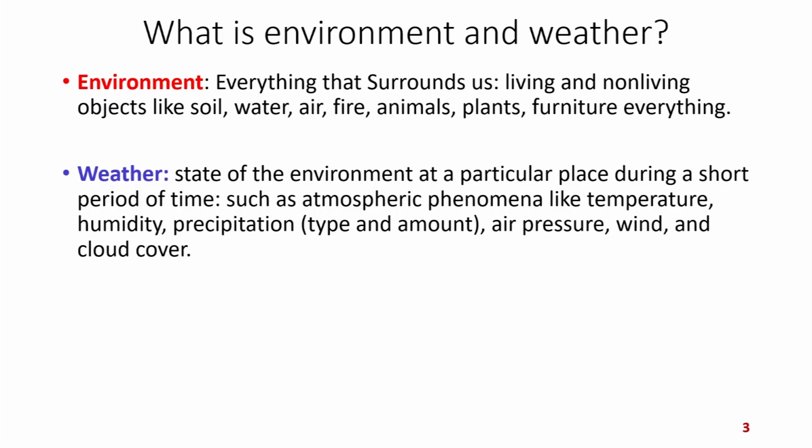And weather is the state of the environment at a particular place over a short time scale, for example atmospheric phenomena like temperature, humidity, precipitation type and amount, air pressure, wind and cloud cover. Like if I say today is bad weather, it means there can be rain or wind. And there is another definition, called the climate.